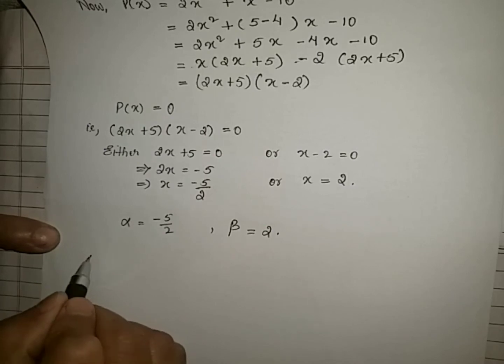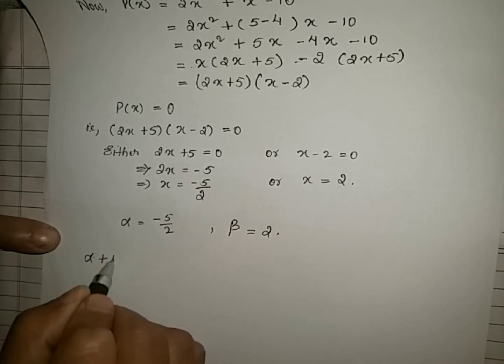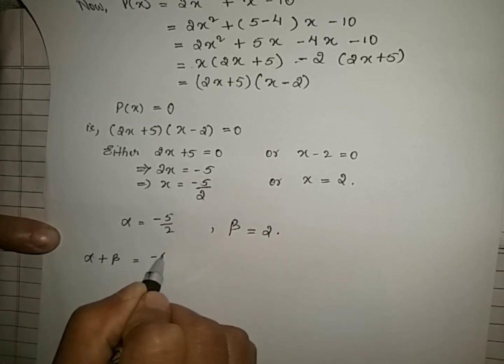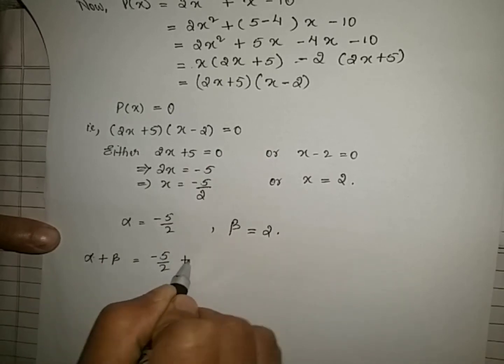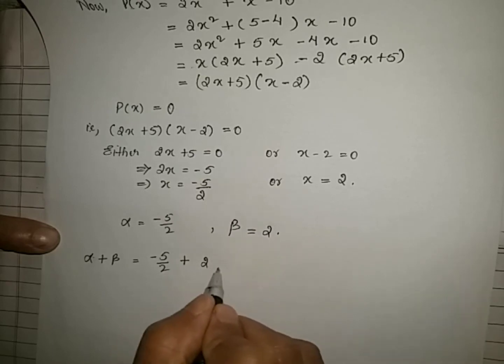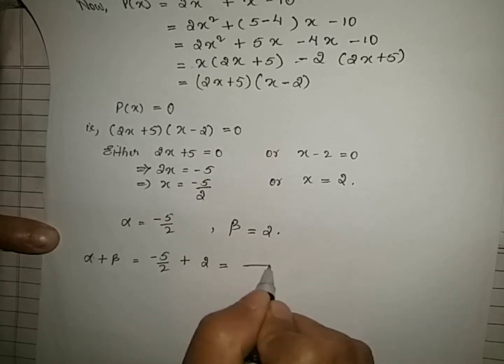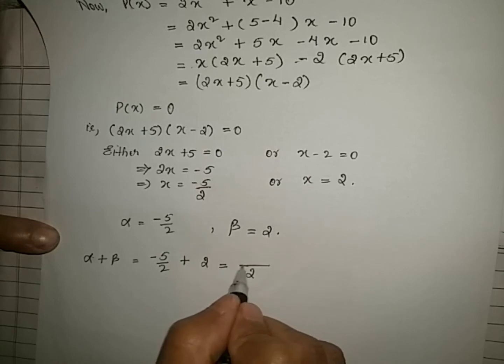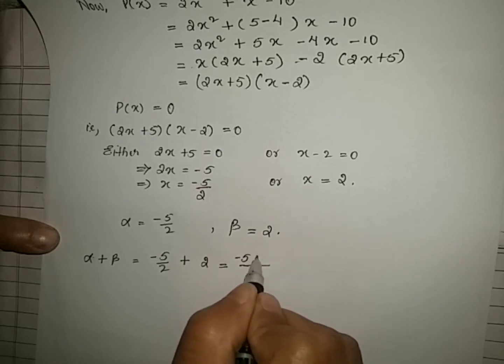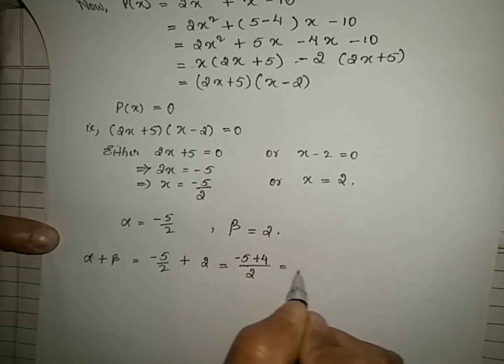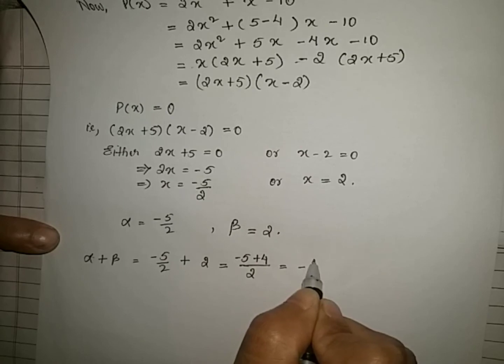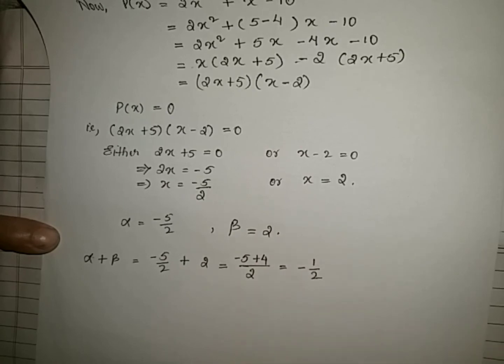Now, alpha plus beta, which is minus 5 by 2 plus 2, I am getting minus 1 by 2.